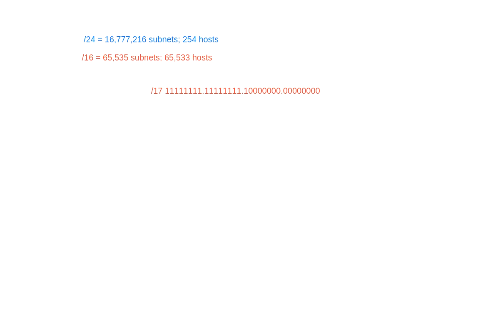So 2 to the 17 is basically just double what we had before because we're doing an extra power of 2. So that's 2 to the 17, 131,072.